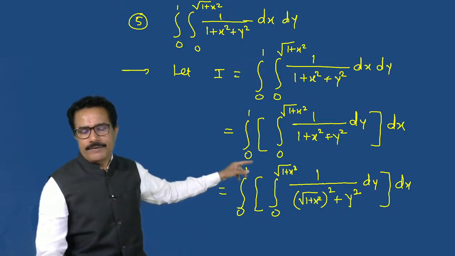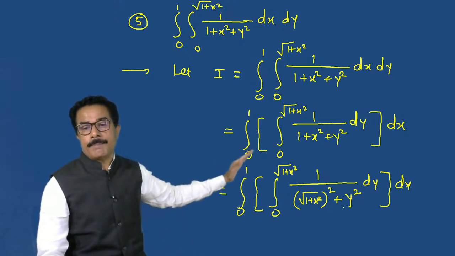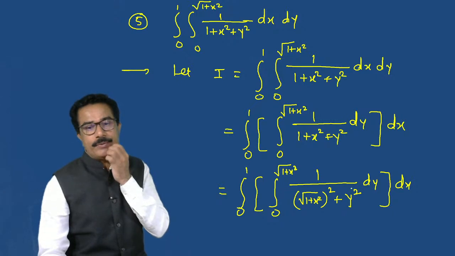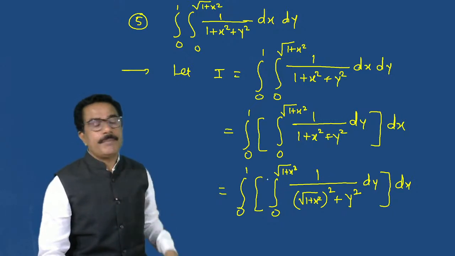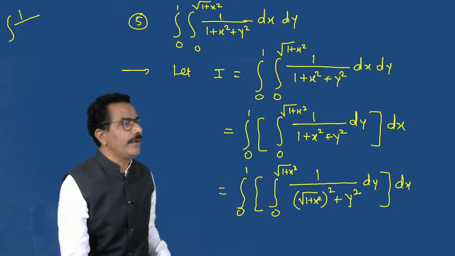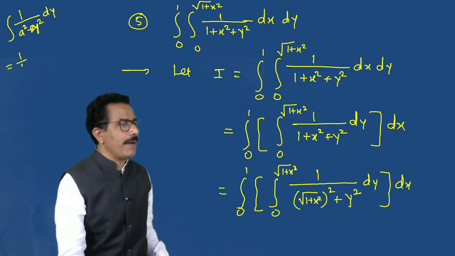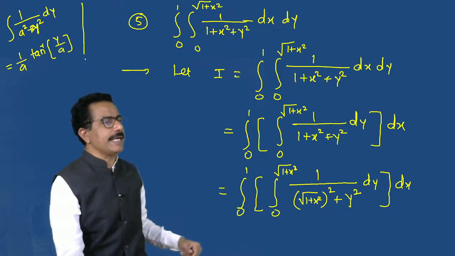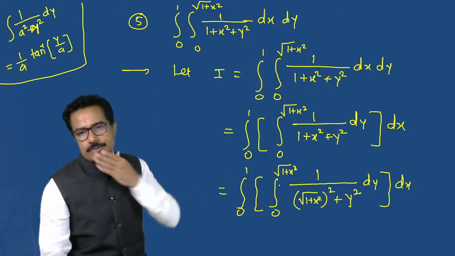So what is the standard formula for this? 1 upon x square plus a square. Who can tell me what is the standard formula? The integration of 1 upon a square plus y square dy will be 1 by a tan inverse of y by a. This is the standard formula for 1 upon a square plus y square.